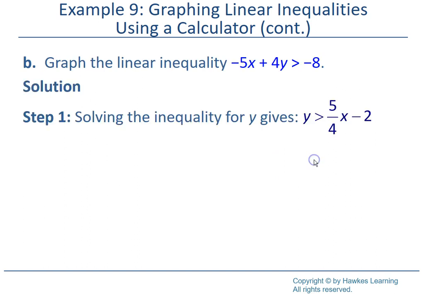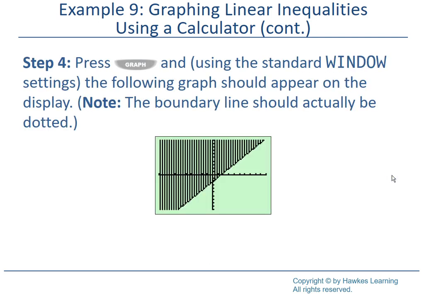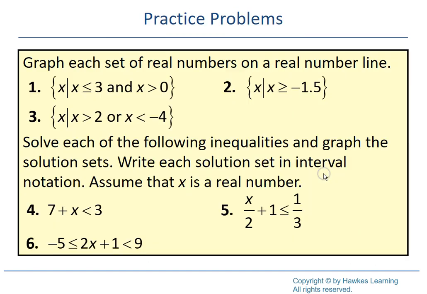And this is just another one. Putting it in this form, where would we shade it? Y is greater, above the line. There's our y-intercept, and there's our slope. And they're going to do this one for us too. If you had a graphing calculator, this is what it would look like.